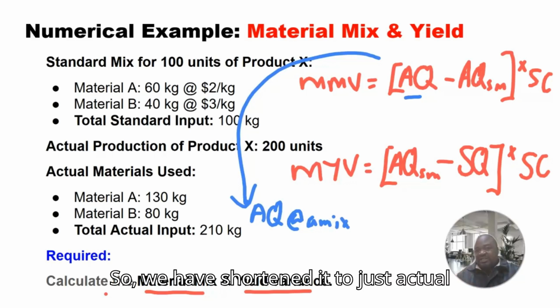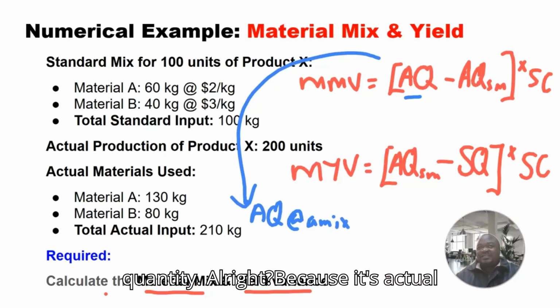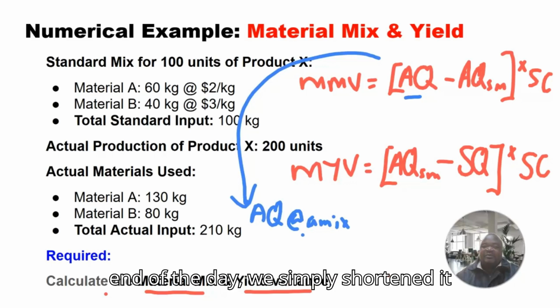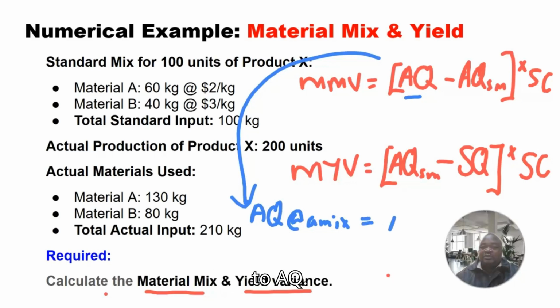So we have shortened it to just actual quantity, because it's actual quantities of inputs at actual mix. By the end of the day, we simply shortened it to AQ.